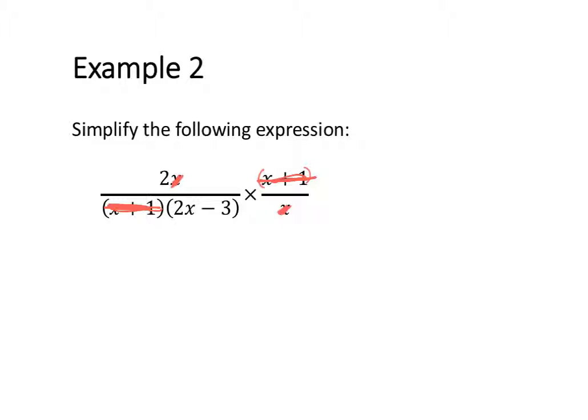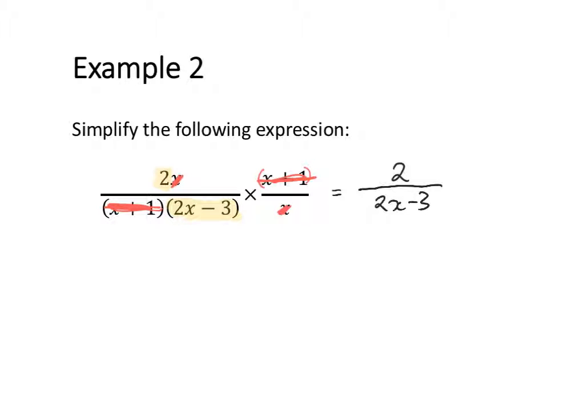Now I need to do step 2, which is to multiply what I have left in the numerator. In the numerator, I have 2 left with no additional numbers or variables, so my numerator becomes 2. Going back to my denominator for step 3, I've got a 2x minus 3 and nothing else left, so my new denominator becomes 2x minus 3.